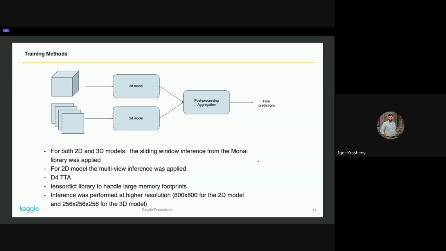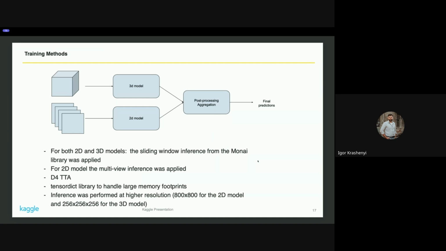What did I do on inference? Basically, it was the ensemble of two models, but not just simple averaging, but in a better way. Both models used sliding window inference. For the 2D model, I performed multi-view inference and D4 TTA.